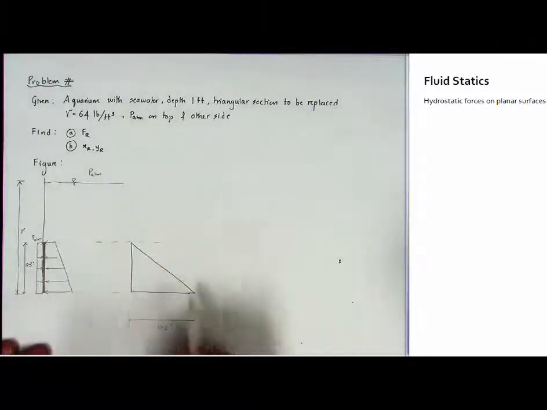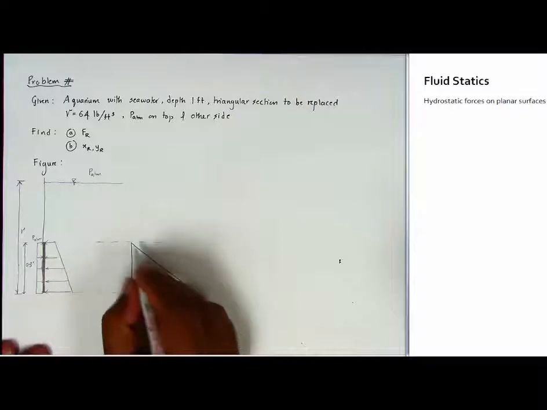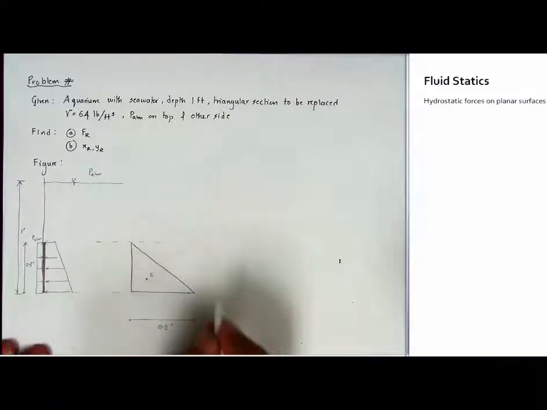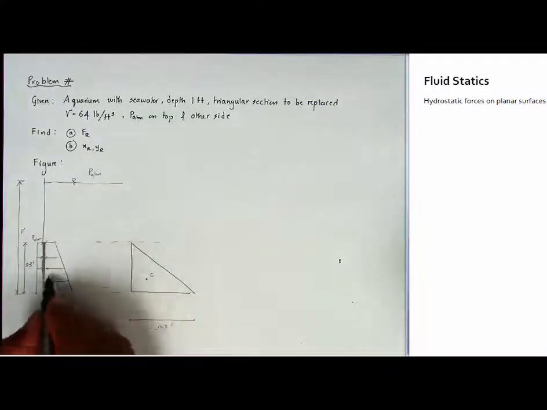Notice the centroid of a triangle will be somewhere here. The resultant force of all of this, which is what we wish to find, is going to be somewhere below the centroid.